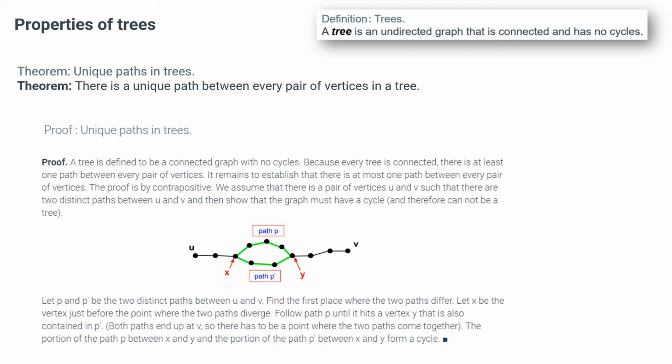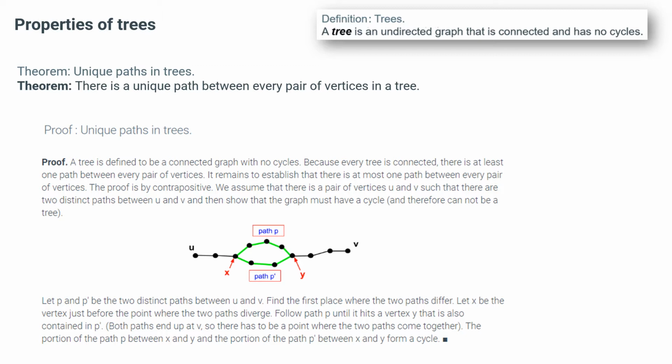What they have here is a picture of a lot of different vertices, and you're going along from U and you get to this one that they've labeled X, and we see that there are two different ways to go. We could go either way and then get back to Y eventually, and then go on to V. So we're assuming that this theorem is not true, so we're going to say that there's more than one path. So these are the two paths.